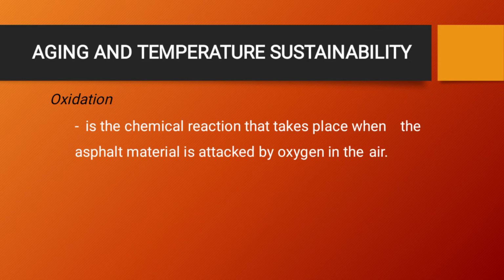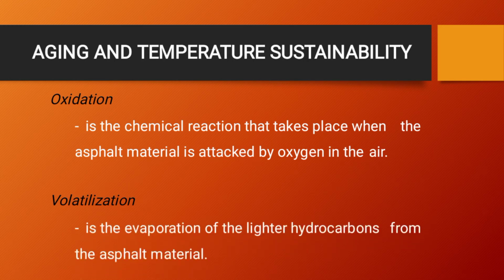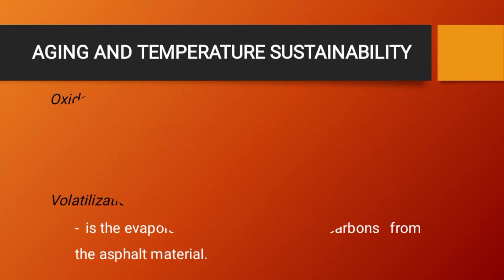This chemical reaction causes gradual hardening, eventually permanent hardening, and considerable loss of the plastic characteristics of the material. Next is volatilization, which is the evaporation of the lighter hydrocarbons from the asphalt materials. The loss of these lighter hydrocarbons also causes the loss of the plastic characteristics of the asphalt material.